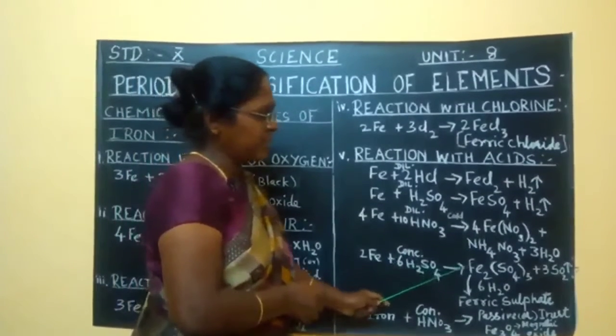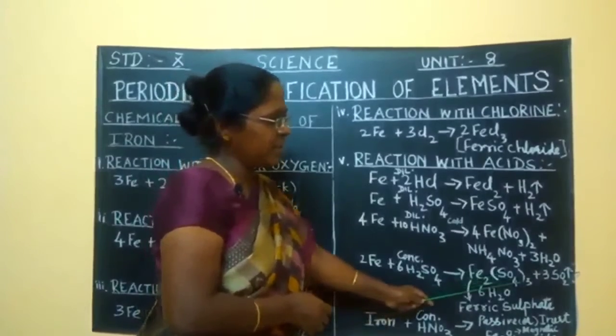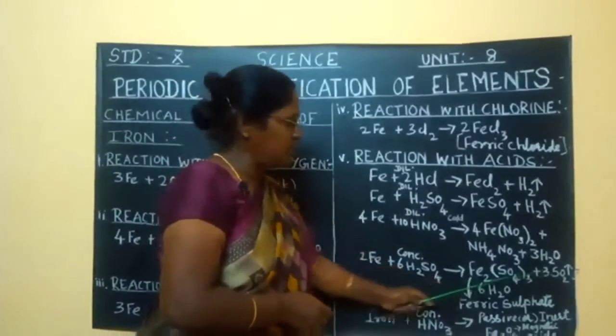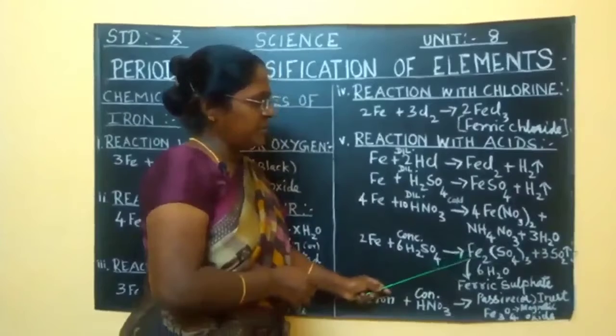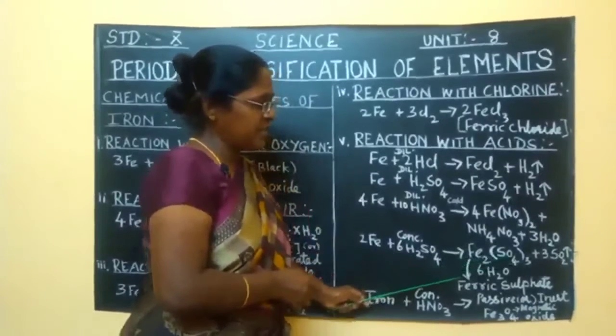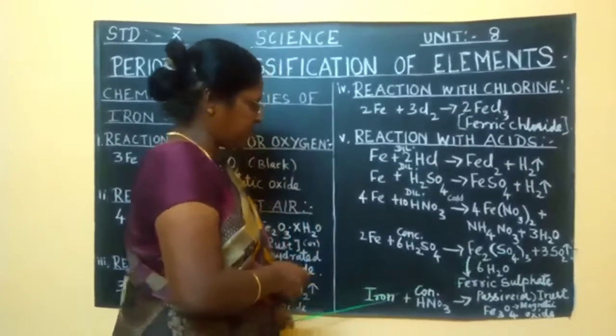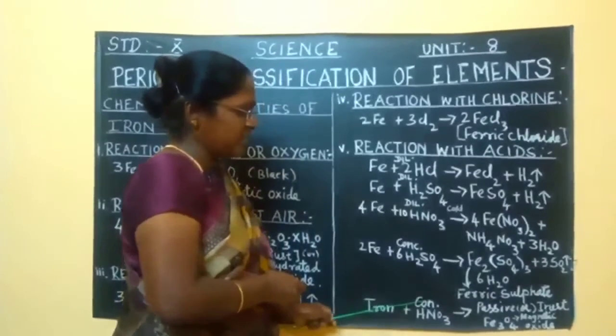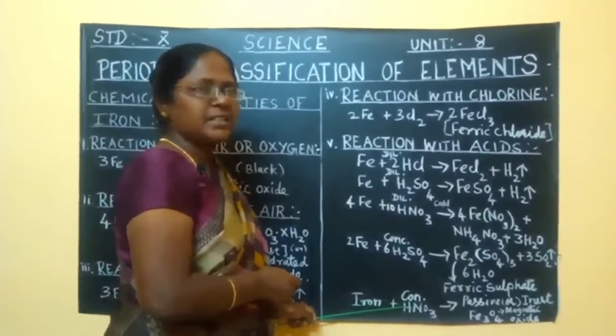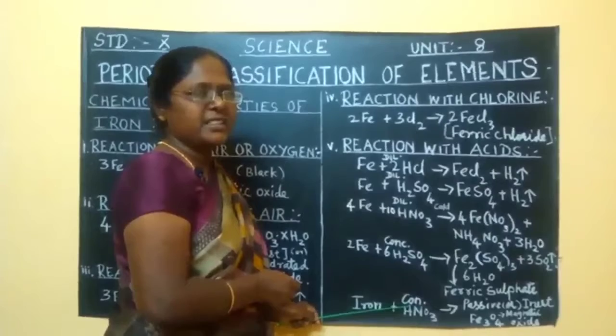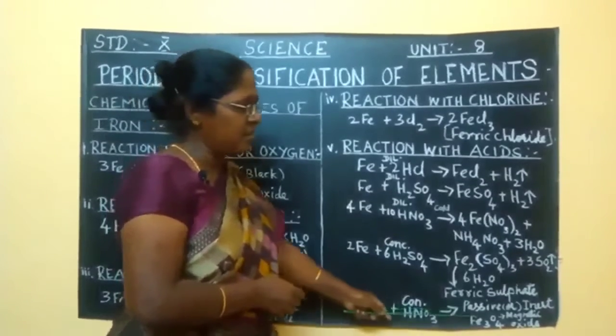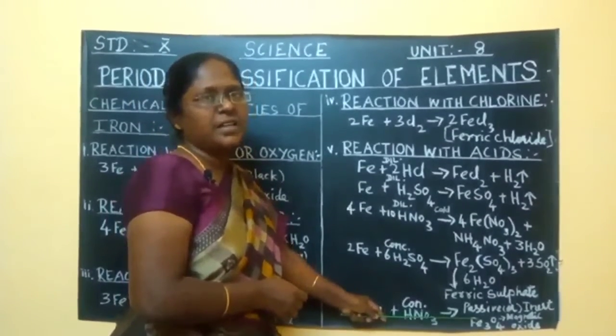It is producing Fe2(SO4)3 plus SO2 plus H2O. Fe2(SO4)3 means ferric sulfate. And the last one is iron plus concentrated nitric acid. Here it becomes passive or inert due to the formation of magnetic oxide on its surface.